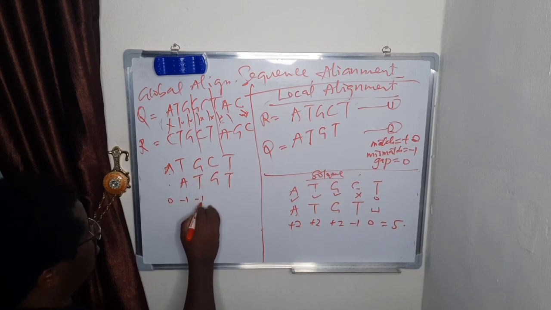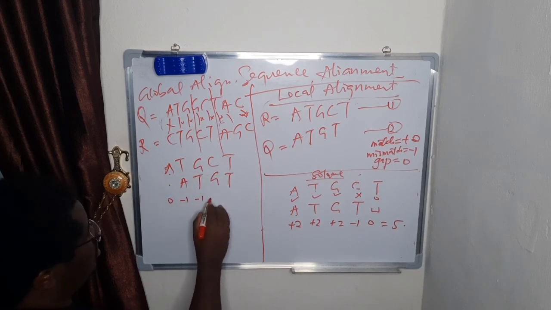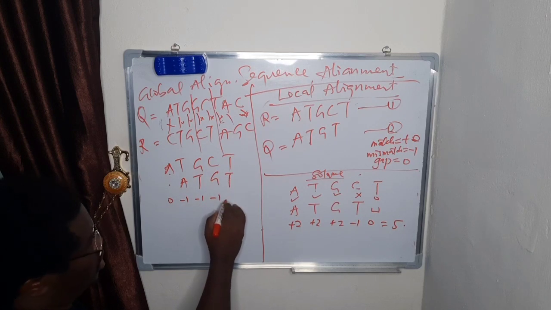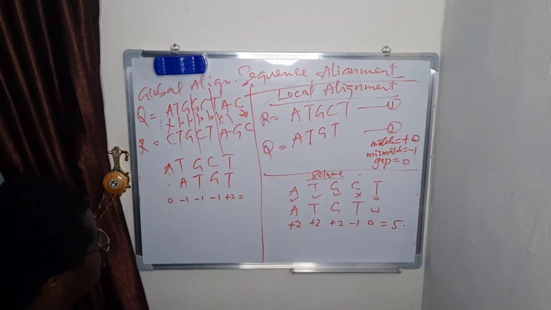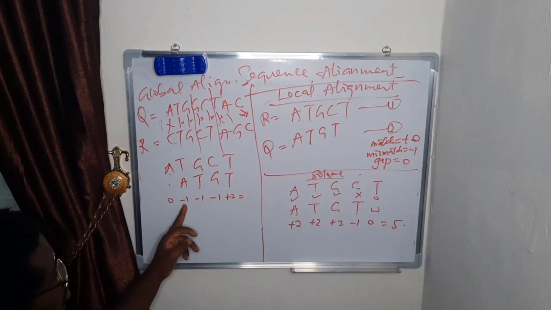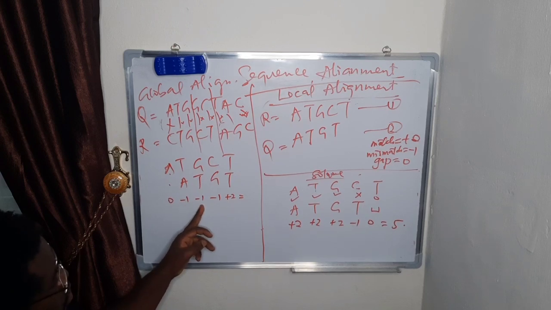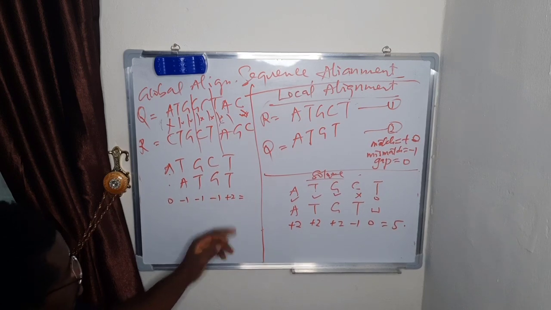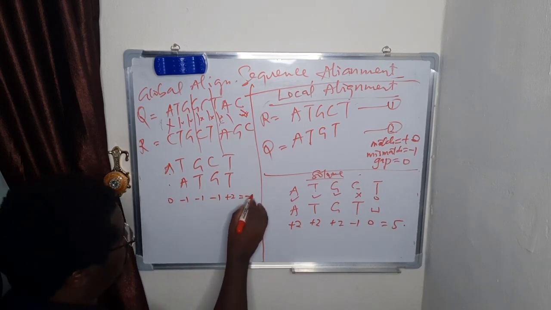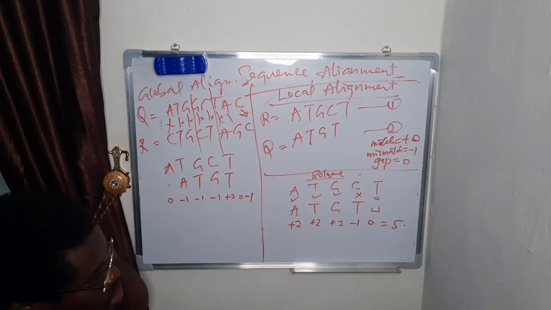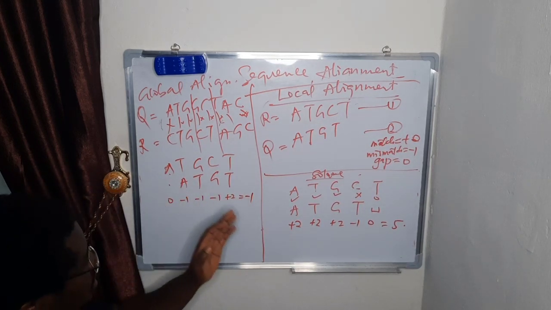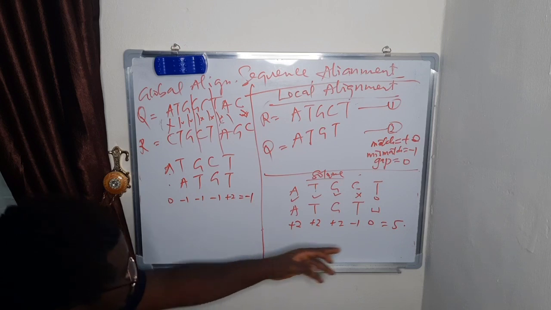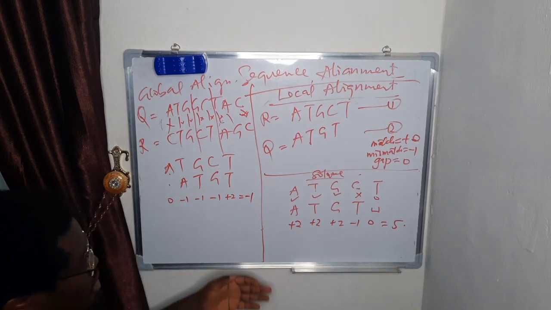This is a mismatch, -1. This is a mismatch, -1. This is a match, +2. So when you add -1 - 1 is -2. -2 - 1 is -3. -3 + 2 is what? -1.